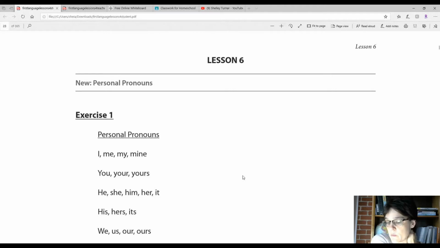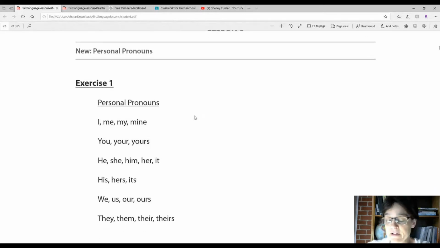Okay, so we're going to go ahead and move on to lesson 6, which is about personal pronouns. Now, I've never used this particular curriculum for a long time, so I've never used the earlier editions of this, but apparently there's some kind of little song or chant that you can use to learn these personal pronouns, which if you want to put it to a tune, you go right ahead, but if I try to, it's going to hurt your ears because I can't sing.